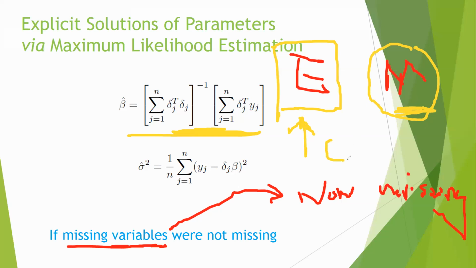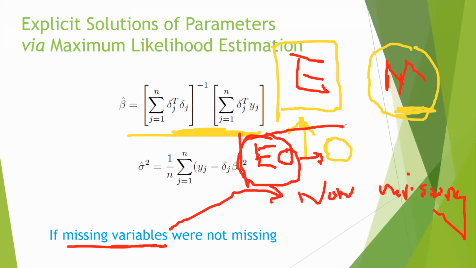We have some missing values in the E step, but if we can calculate the expected value of this missing value based on the known information, and then replace this missing value by its expectation, then we transform this missing problem into the non-missing problem.